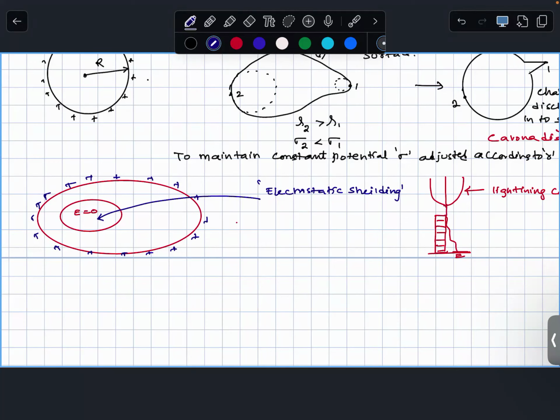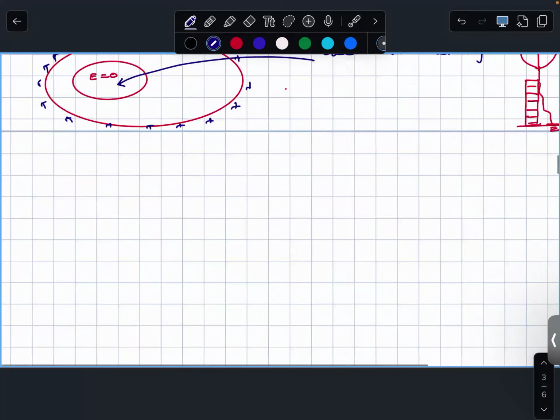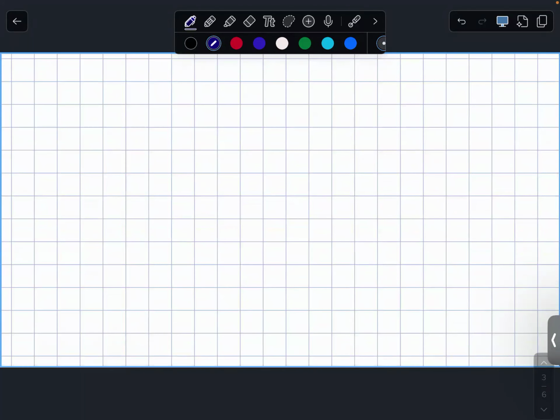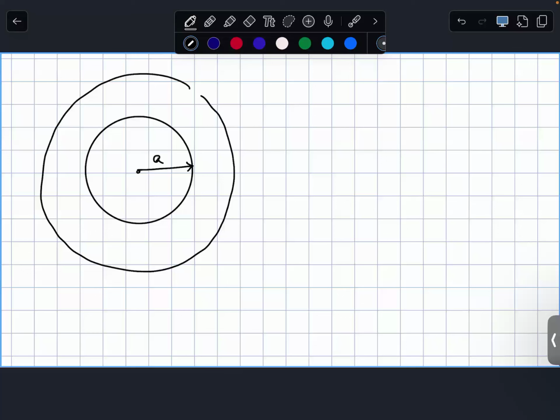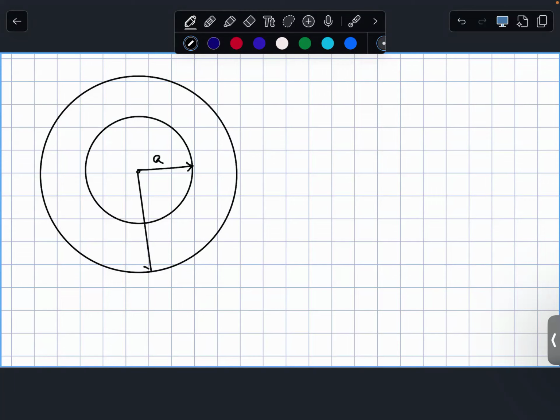I've just done basic. Now, for example, you have concentric shells like this. One is a shell of radius A. The other is a shell of radius b. Remember, inside can be a sphere also, no issues, but outside is a shell.